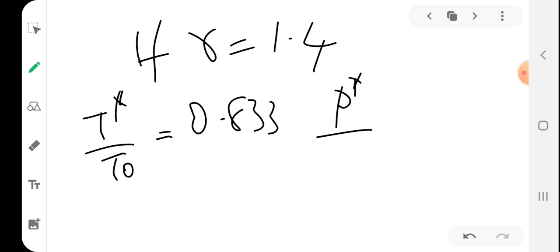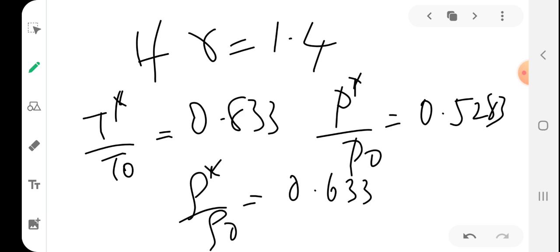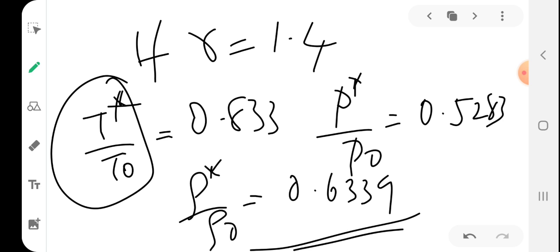Similarly, P star by P0 will become 0.5283 and rho star by rho 0 will become 0.6339. So in case of isentropic flow, you get these property ratios at the critical section: temperature ratio 0.833, pressure ratio 0.5283 and density ratio 0.6339. So these are dimensionless ratios.